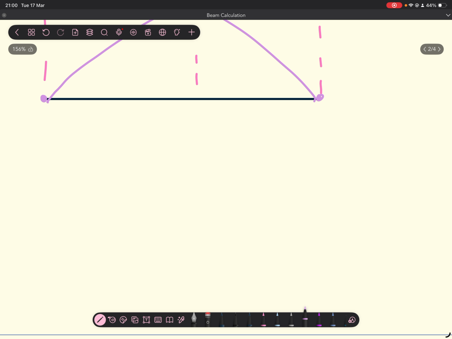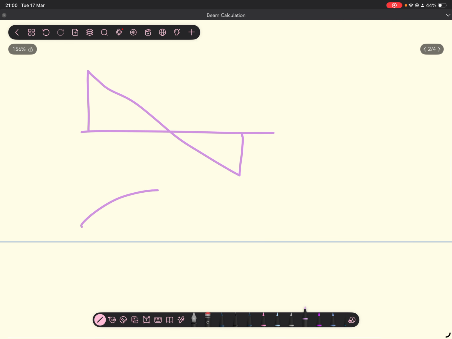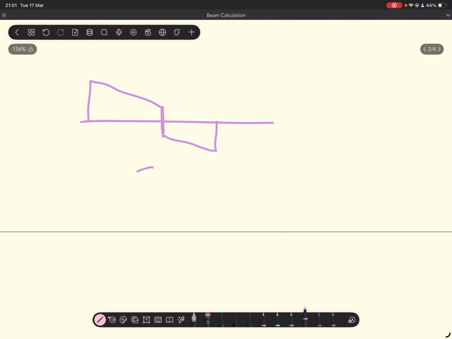So if our shear force diagram was like that, without any discontinuities, and it perfectly passes through 0, then our bending moment diagram would be a smooth curve, kind of like that. But because there's a discontinuity, which is this line here, it looks like two curves kind of smushed together, right?